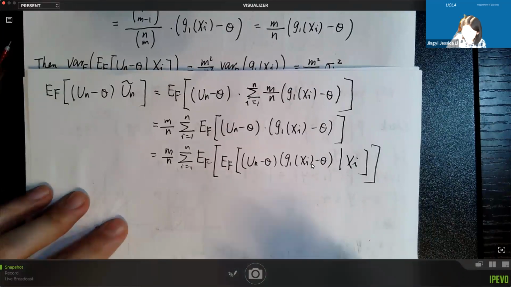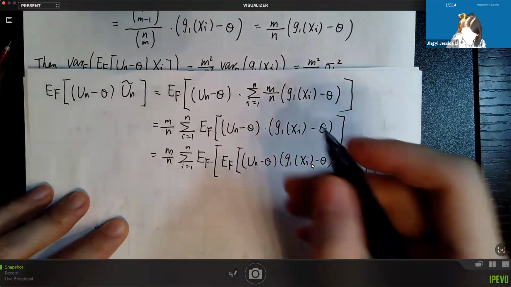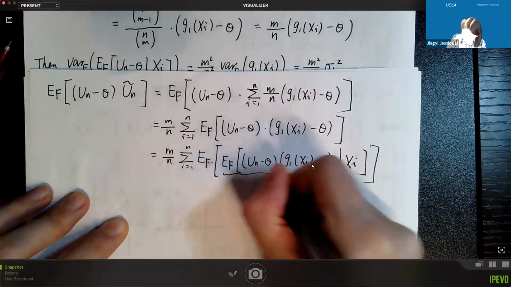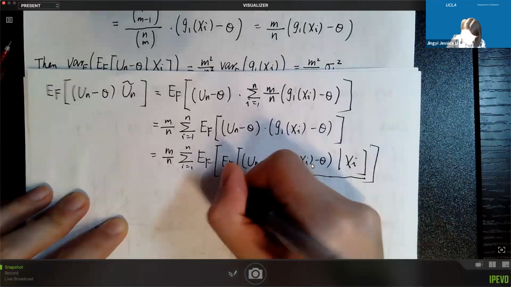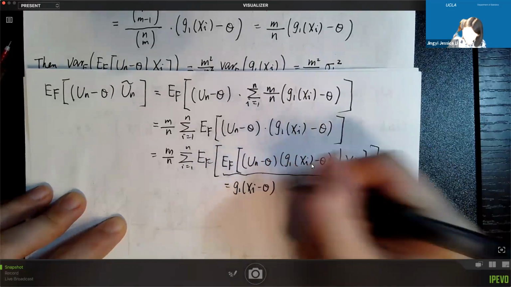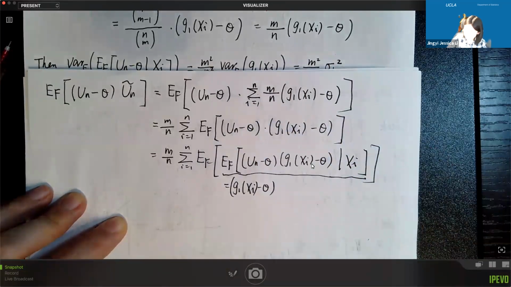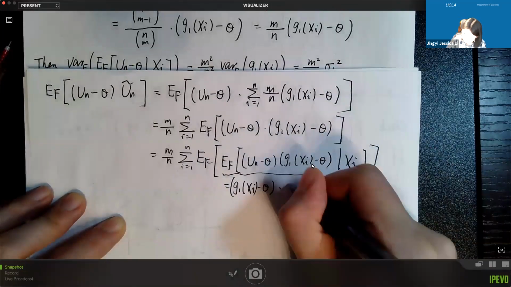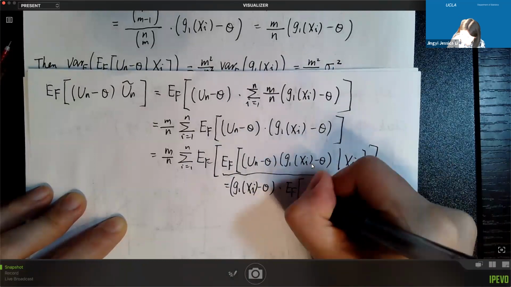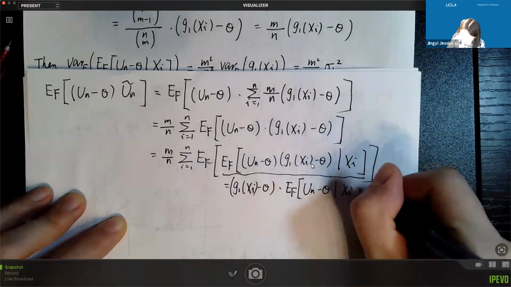We can take g1(Xi) minus theta out of this inner expectation, just times the expectation of Un minus theta given Xi.